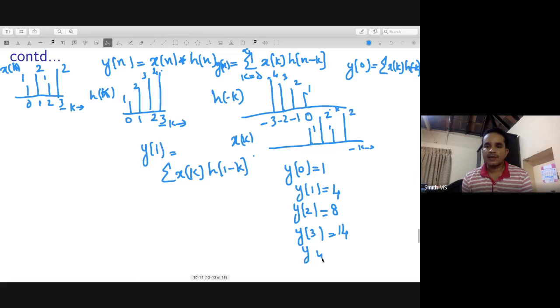So y of 4, again you shift it. If you shift it again, what happened? You have these three terms multiplied.